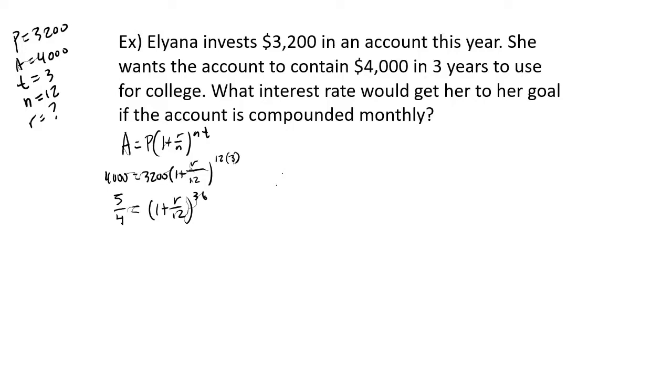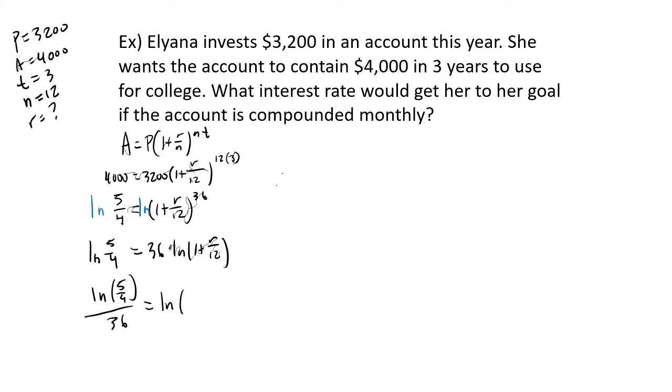This is not going to be pretty, but we can still do it. So the ln of 5/4 is equal to, we're going to bring the power of 36 down, 36 times the ln of 1 plus r over 12. And then we can divide both sides by 36. So we'll have the ln of 5/4 divided by 36 is equal to the ln of 1 plus r over 12.